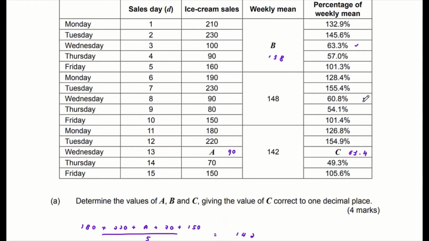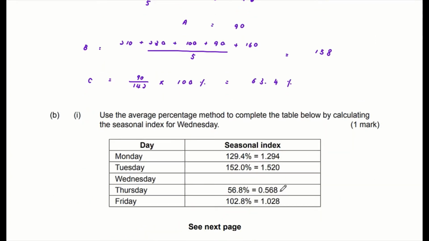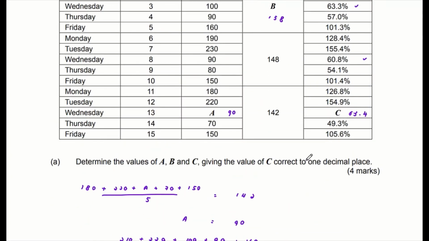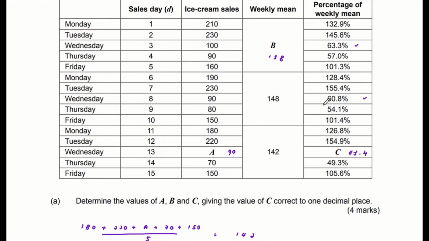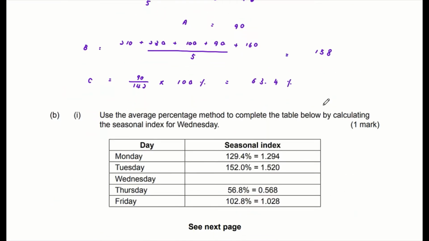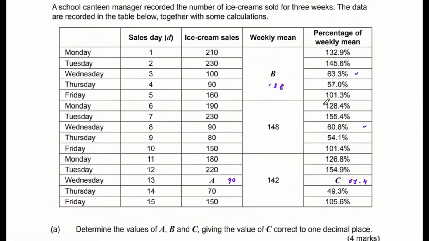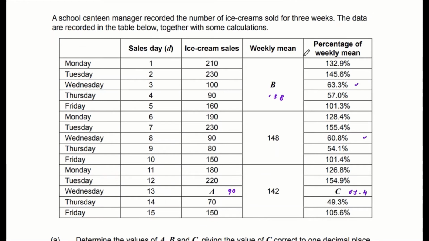But like I said, I will always encourage you to try to do it by using minus. If C isn't a number that you found yourself, then the average percentage method is safe. But there is a risk here because C is the value that you found yourself.